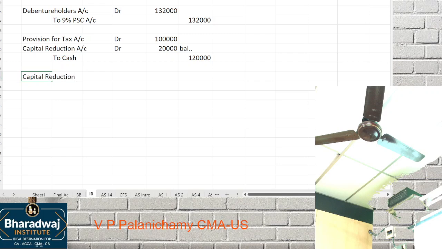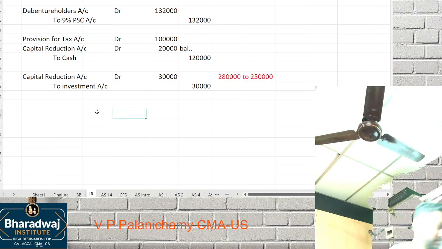Capital reduction account debit to investment account. How much? 30,000. Reduction is 30,000.